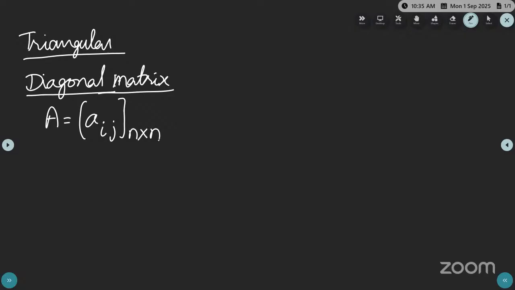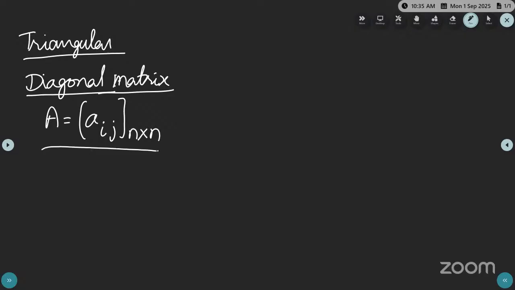A square matrix capital A, you have tried this.